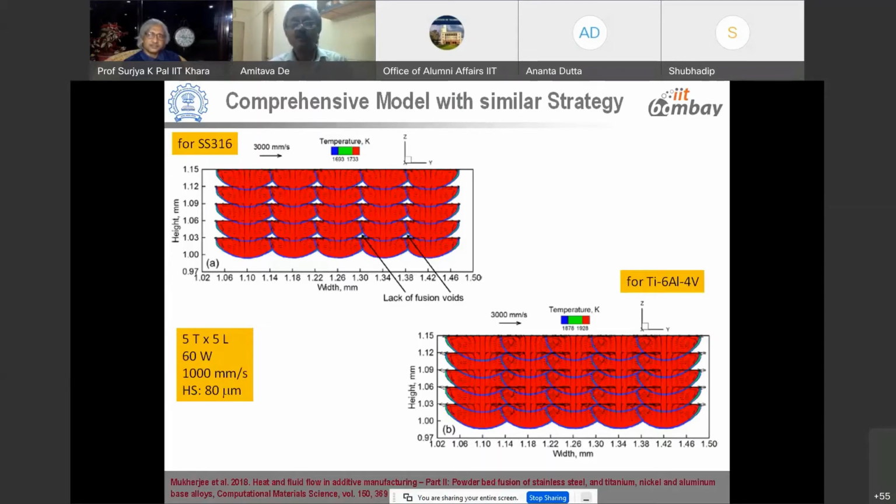So the overall demand from the model is not really increasing as we go on increasing the number of layers, although the dimension remains fairly small. However, such models can also show, as you can see, where there would be porosity between tracks and layers, and where there would not be, depending on different process conditions and powder alloys.